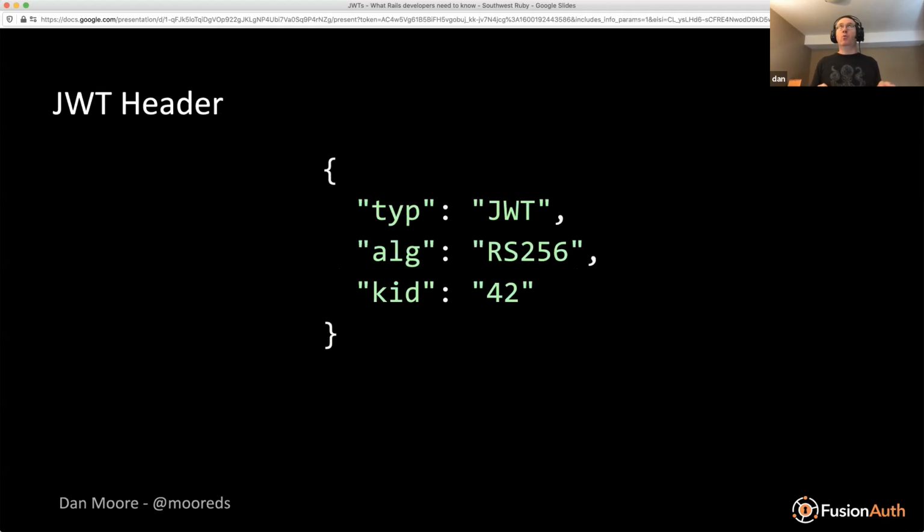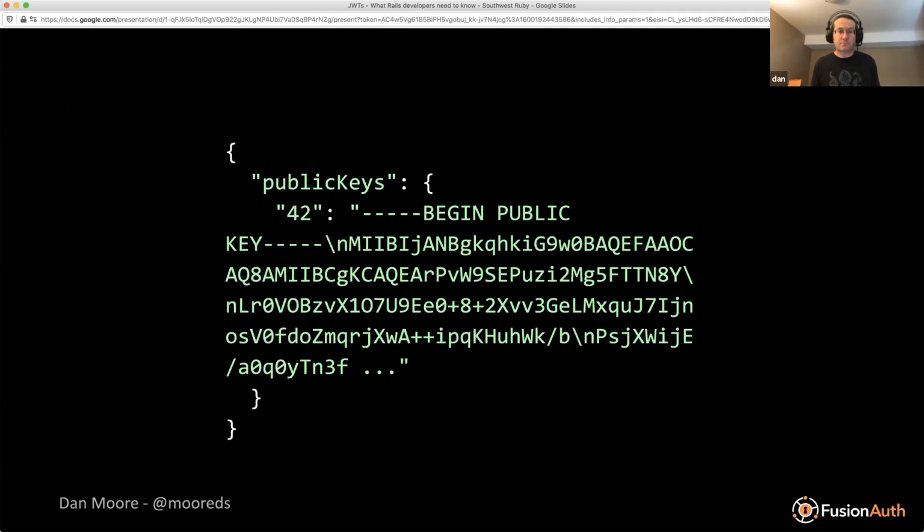So you may want to have separate keys for separate systems, right? Because if you have a to-do API and an email API and whatnot, it may make sense to sign the JWTs for those different audiences with different keys. And again, this is just how the JSON that delivers the public keys to the consumer of the JWT would look.